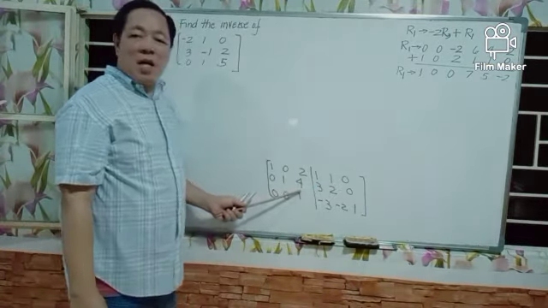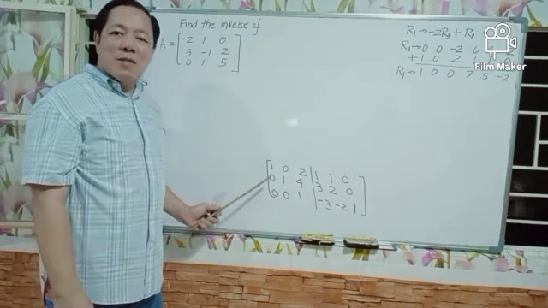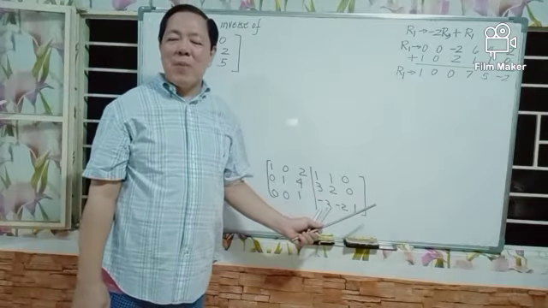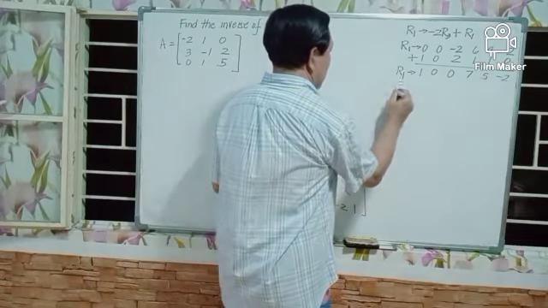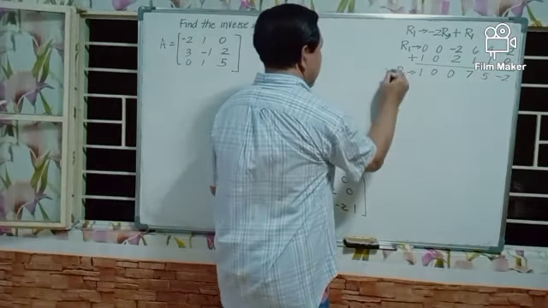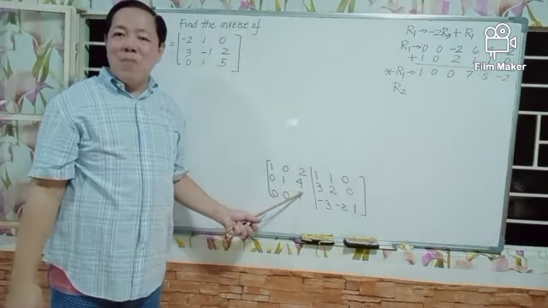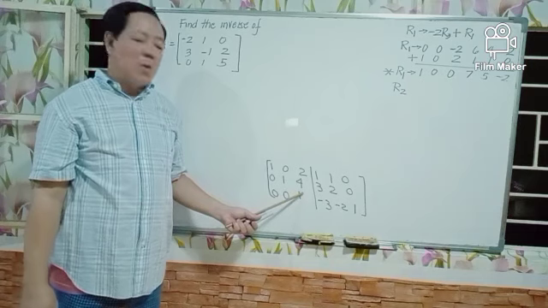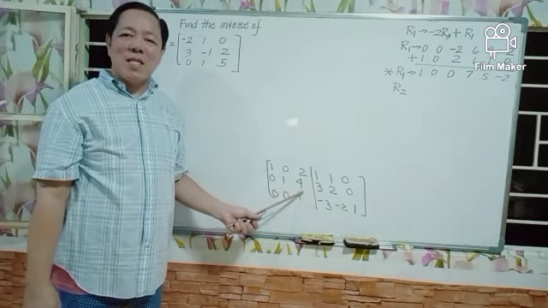We also have to change 4 to 0, and 4 belongs to the second row, so we change all the entries of row 2. And we perform an operation on row 2. In row 2, the number to be changed to 0 is 4, and we take its negative, or we multiply positive 4 by negative 1, and we get negative 4.